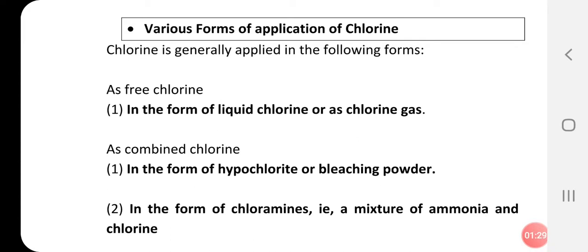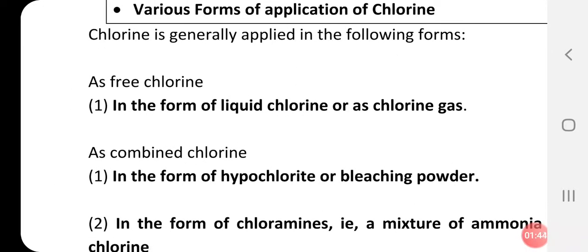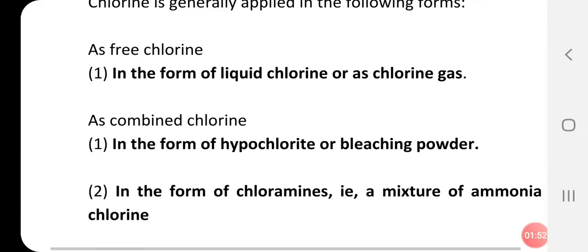Now the first one is as a free chlorine. Chlorine is applied in two methods. One is as a free chlorine, that is in the form of liquid chlorine or as chlorine gas. And the second one is as combined chlorine.